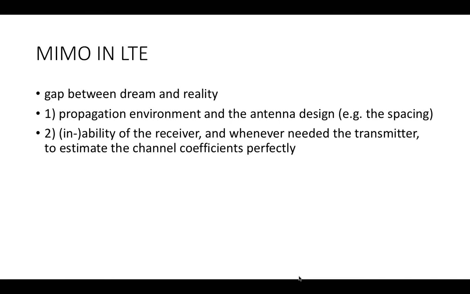Another source of discrepancy between theoretical MIMO gains and practically achieved performance lies in the ability of the receiver and, whenever needed, the transmitter to estimate the channel coefficients perfectly.